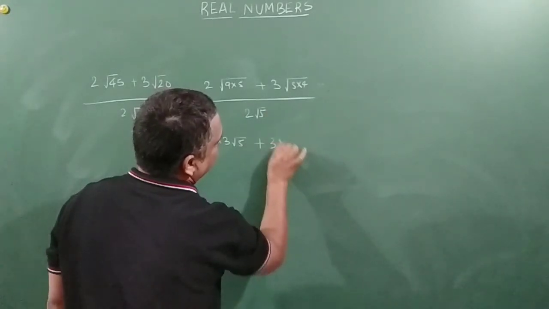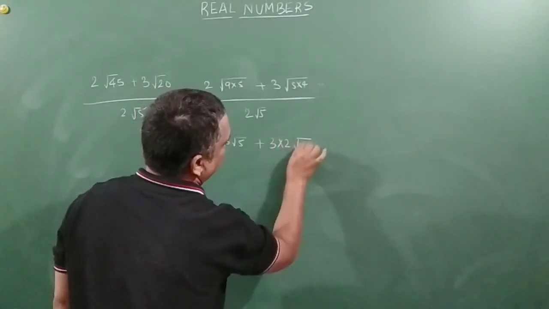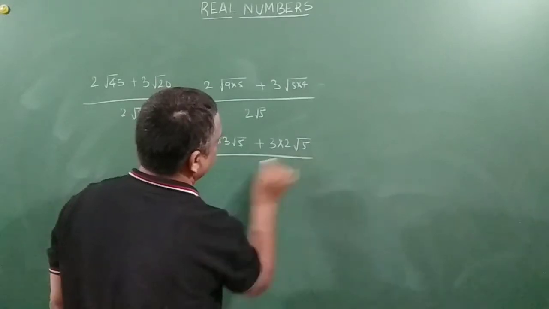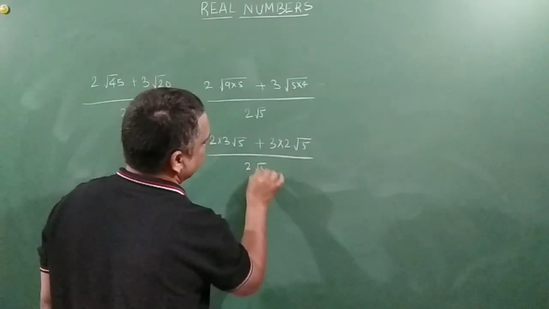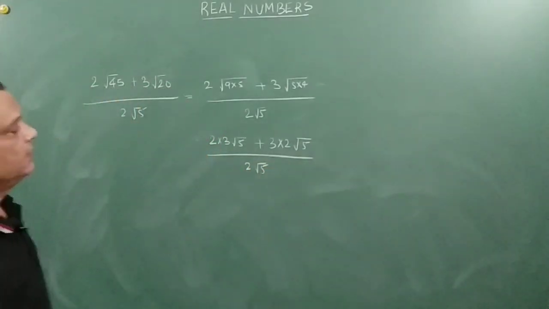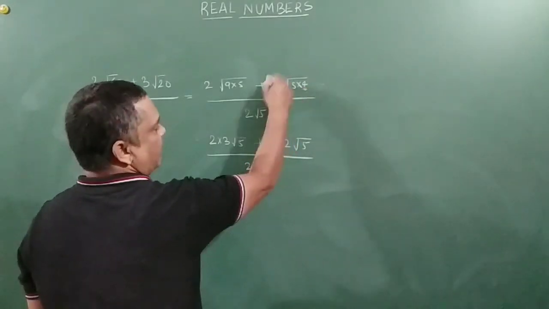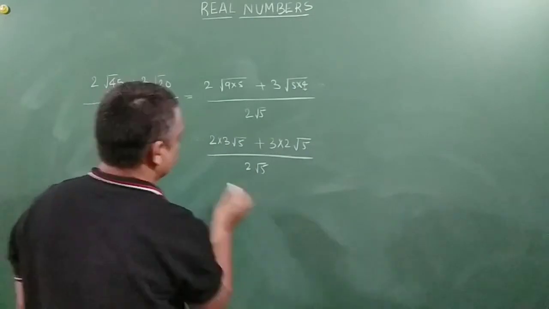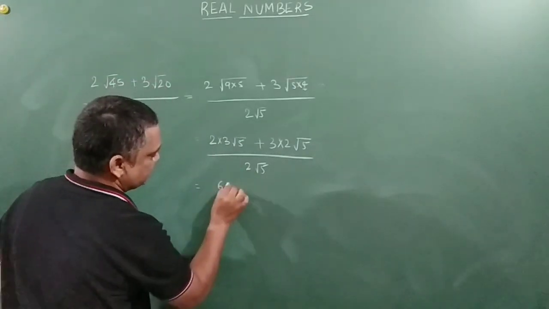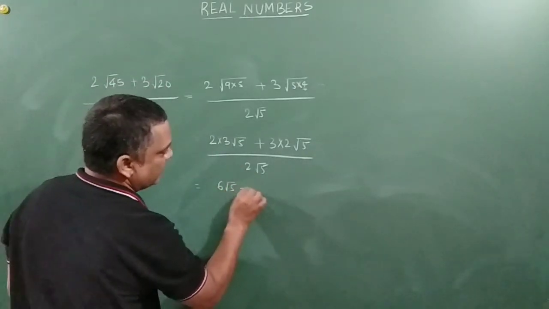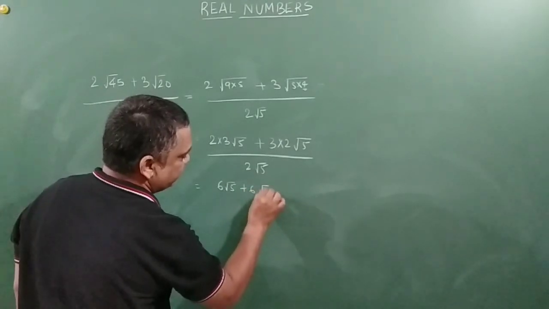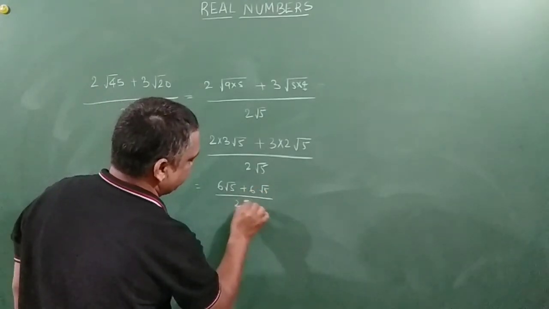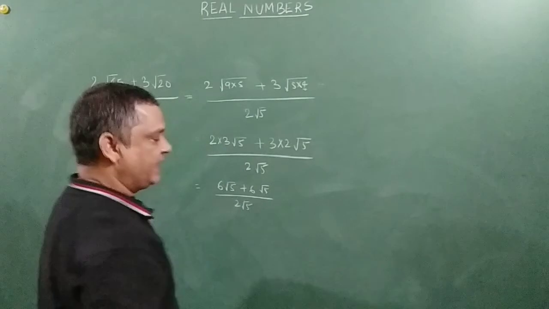So 3 into 2 root 5 inside, divided by 2 root 5. You are getting my point? This 4, I have taken it out as 2. This 9, I have taken it out as 3. So this gives us 6 root 5 plus 6 root 5 divided by 2 root 5. Right?